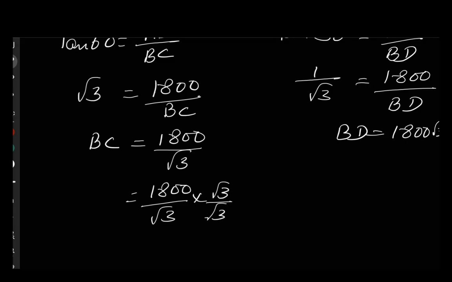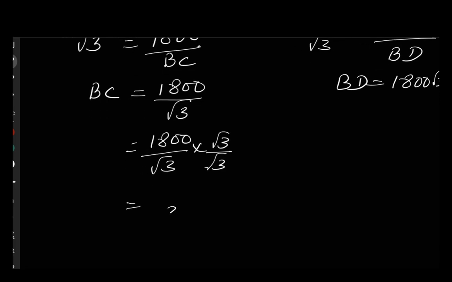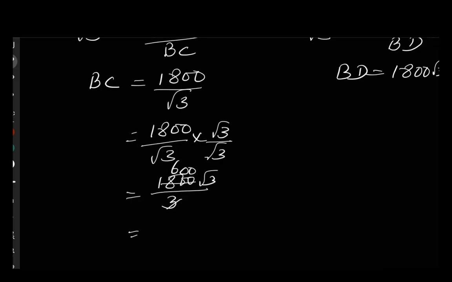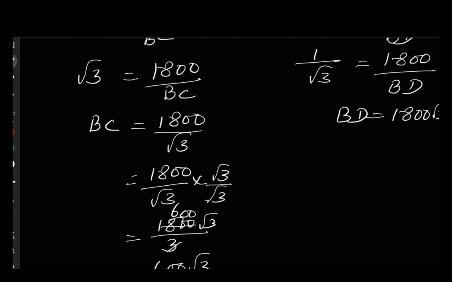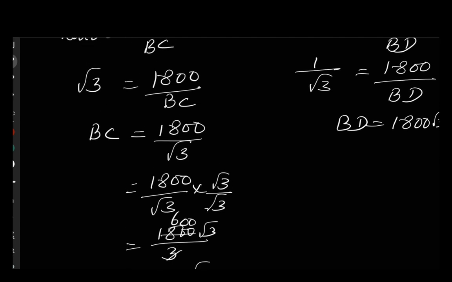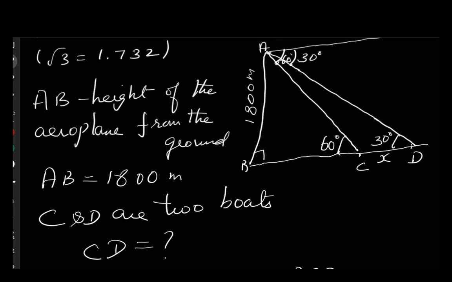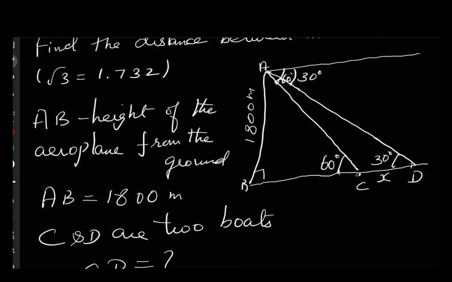I have to remove this root 3. So root 3 into root 3, the denominator is 3, 1800 root 3. So 3 goes into 1800, 6 3s are 18, 0, 0, 600 root 3. So this you keep as it is. So you are getting BC. BC here is 600 root 3.